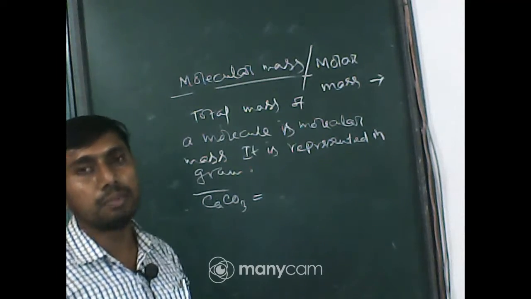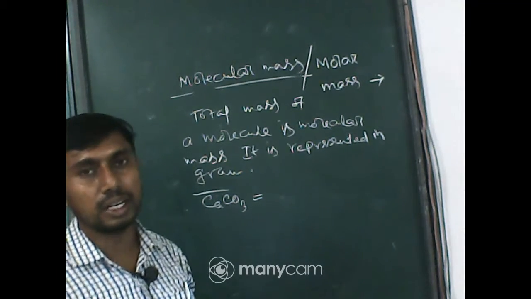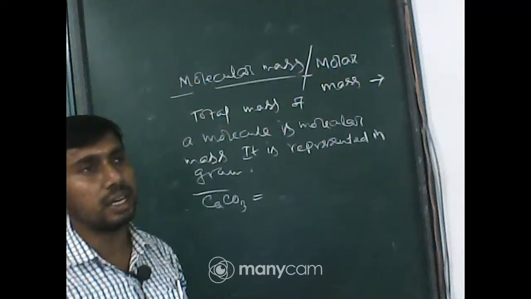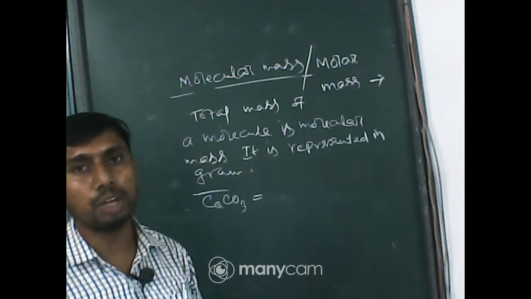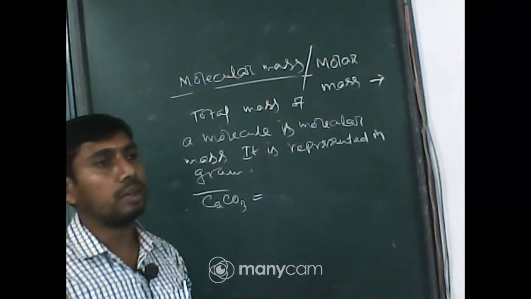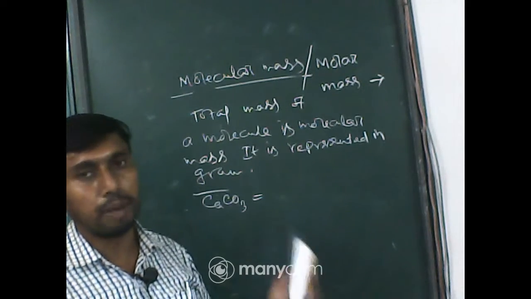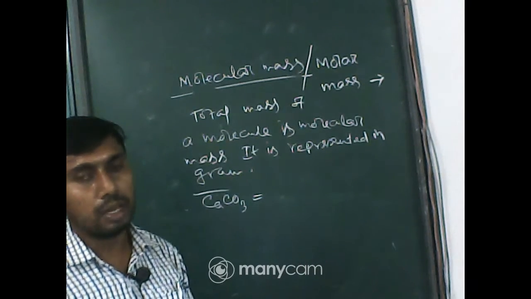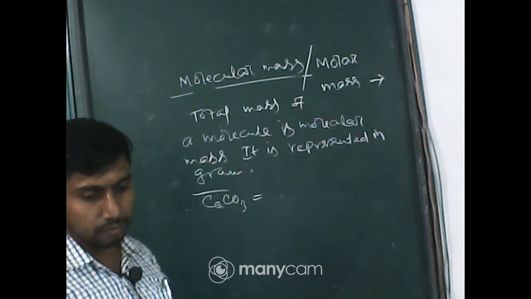The decimal point is deducted here, because it is relative to the mass of the carbon atom, because the mass of an individual carbon atom is a very small fraction.